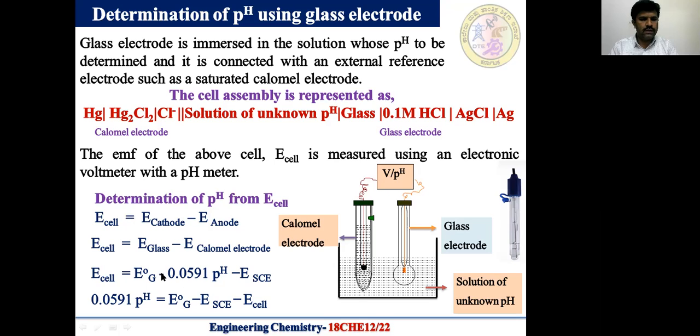Hence it changes to plus when shifted to the left side. 0.0591 pH is equal to E naught G minus the electrode potential of saturated calomel electrode, and then the EMF of the cell shifts to the right side, hence it changes the sign, minus EMF of the cell.